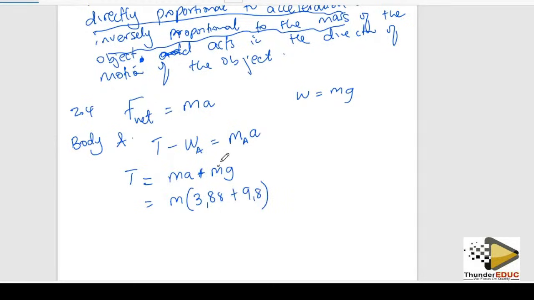So guys, I'm factorizing out the mass. I'll be left with the acceleration and then the gravitational force. So which means my tension is going to be, what's 3,88 plus 9,8? I'm getting 13,68, 13,68m. I'm going to call this equation number 1.